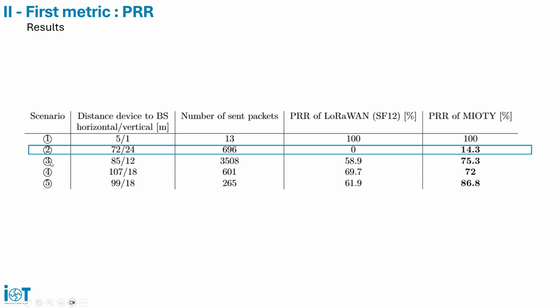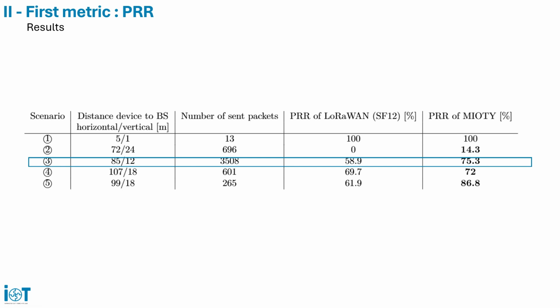For scenario 3, we have the biggest number of sent packets, 3,508, and the packet reception rate of LoRaWAN was 58.9, and for MIOTY was 75.3. For scenario 4, we sent 601 packets and we received 69.7% for LoRaWAN and 72 for MIOTY. For scenario 5, we sent 265 packets.